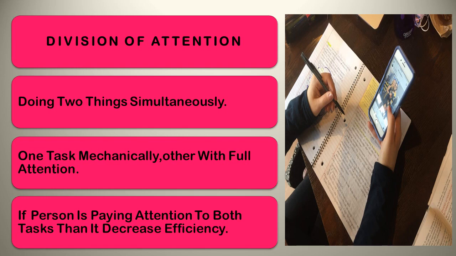Division of attention occurs when mental focus is on multiple tasks or ideas at once, also known as multitasking. Skilled persons often carry this out without realizing it. For example, singing songs along with driving a car.